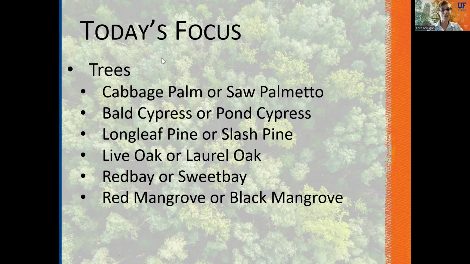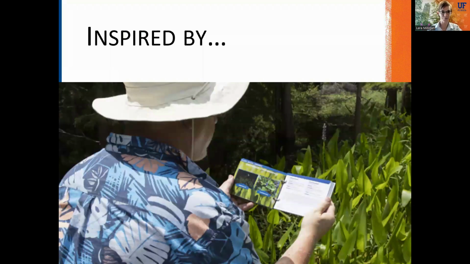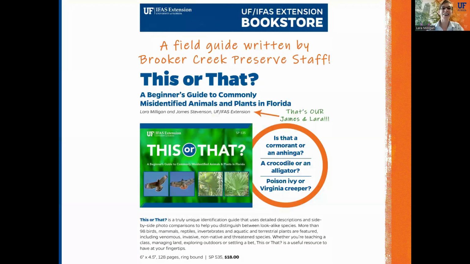So the trees we will be comparing today are cabbage palm versus saw palmetto, bald and pond cypress, longleaf and slash pine, live oak, laurel oak, red bay, sweet bay, and red mangrove and black mangrove. These are probably the most common ones that are confused, which is why these are the ones that we are featuring today.